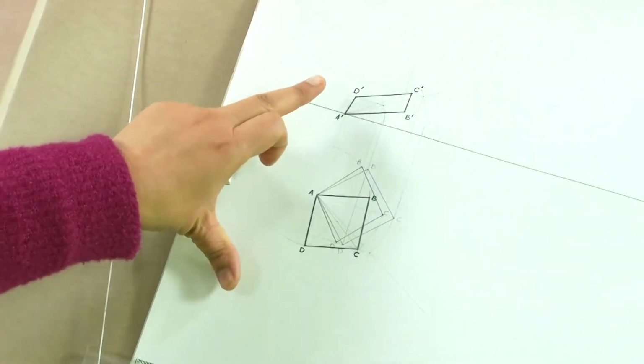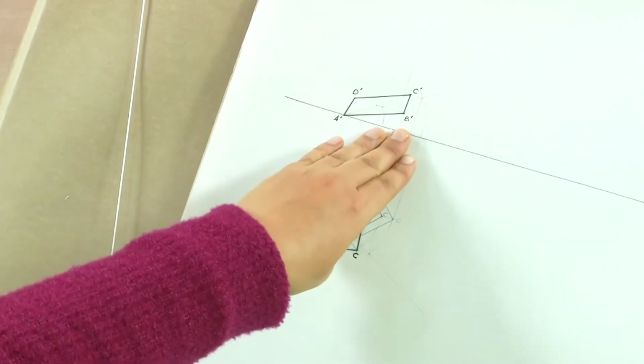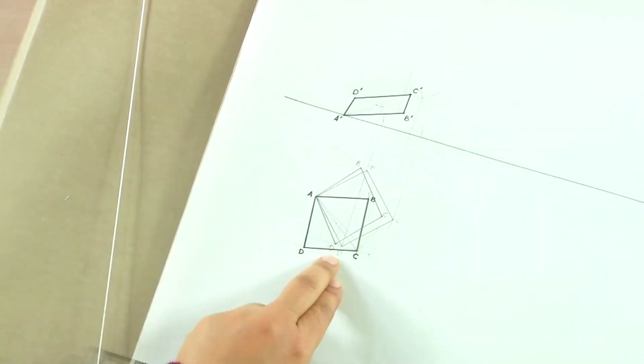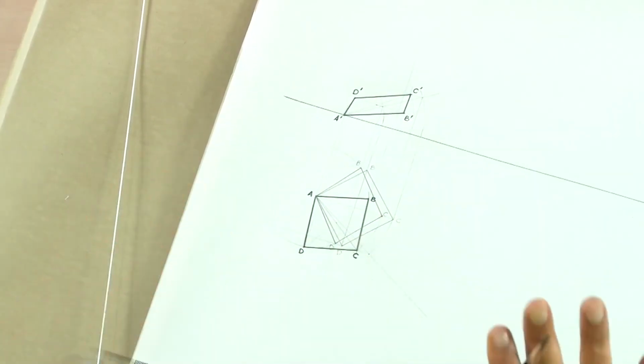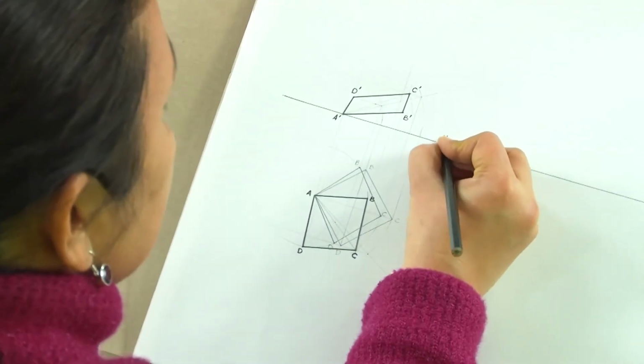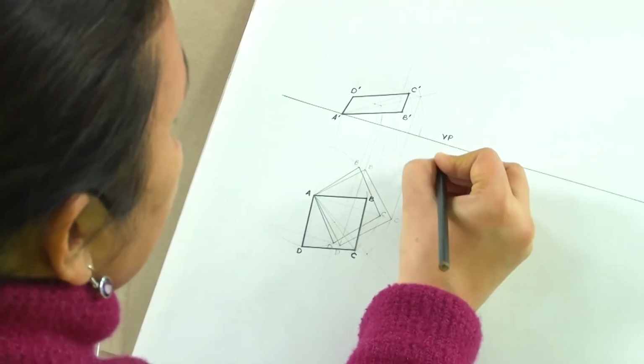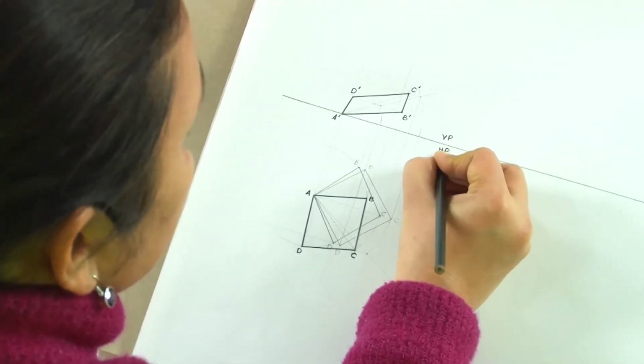This is the front view of this square and this is the top view of this square which is inclined to both the planes. This is VP here and this is HP.